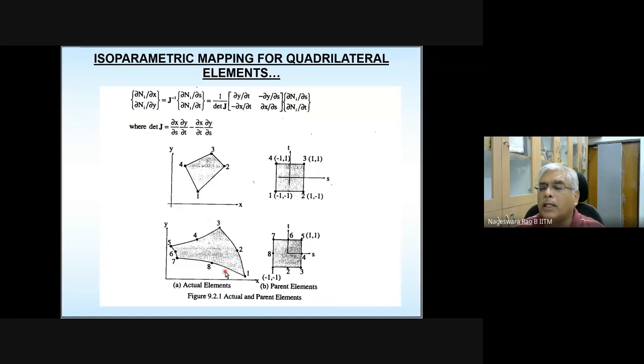Because the 8-node element is a quadratic element, so even the geometry can be quadratic; it can capture this variation of geometry. So the edges are shown to be curved. But irrespective of whatever element you have, it's going to be mapped onto a parent element, where s goes from -1 to 1, t goes from -1 to 1. The parent element is going to be a rectangular element, irrespective of whatever element you have. So please take note of it. Any questions here?